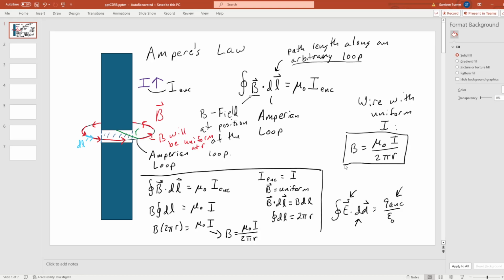Okay, it is for a single uniform wire carrying uniform current, in other words. Then you just enclose all of that current with a circular Amperian loop, center the axis of the wire with the center of the loop, so that everywhere around the loop is the same distance r from the wire, and there you go.